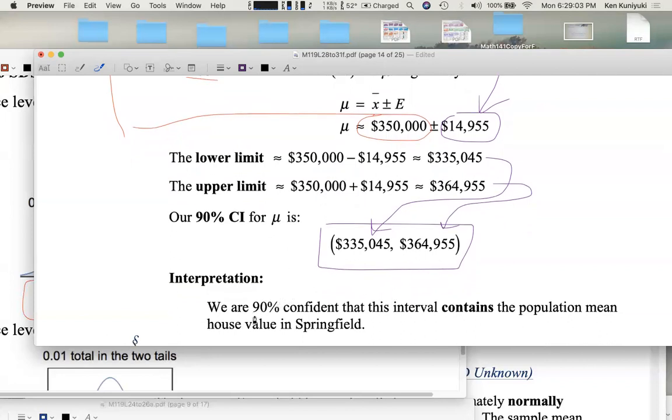Interpretation. We are 90% confident that this interval contains mu, but you should write it out for the layperson: mu is the population mean house value in Springfield. We're 90% confident mu is somewhere in here, so in the mid 300,000s, basically, in dollars.